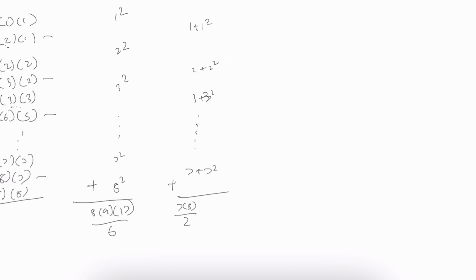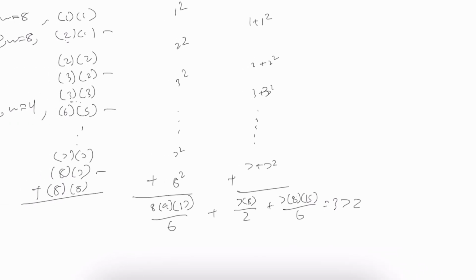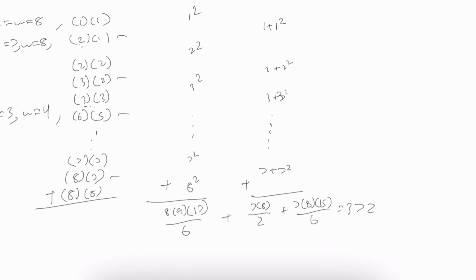And the sum from 1 squared to 7 squared is 7 times 8 times 15 over 6. And so adding this up, you get an upper bound of 372.